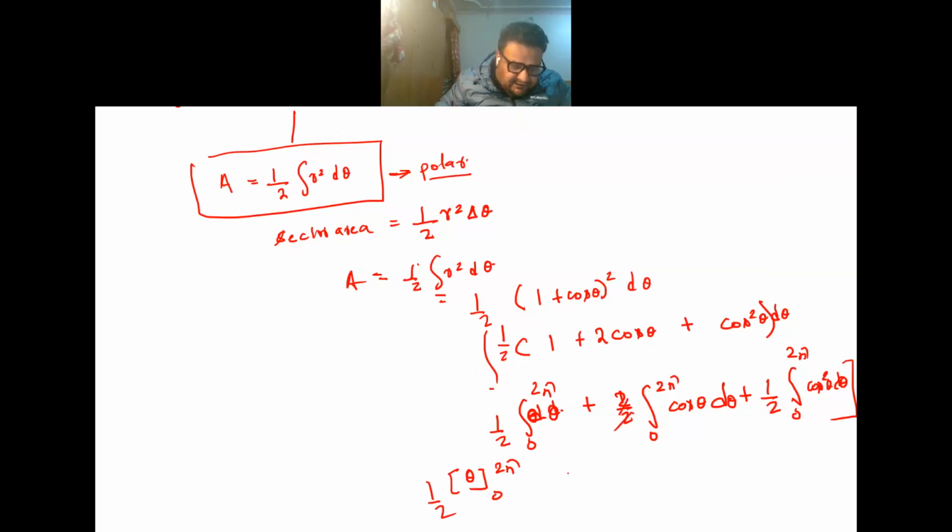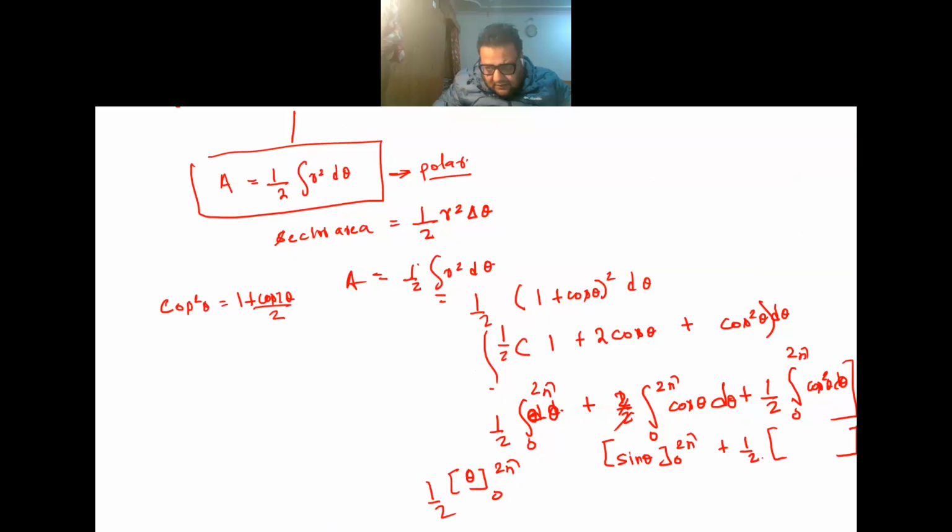The 2 cancels. Cos theta integration: differentiation of cos is minus sine, but integration is sine theta. So this becomes sine theta from 0 to 2 pi, plus half of, now I have the cos square theta term. That cos square theta term, I can use the formula: cos square theta is equal to 1 plus cos 2 theta by 2.